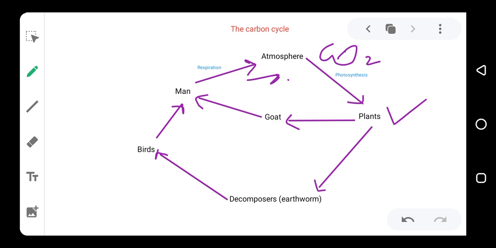So when we plant trees, they use carbon dioxide during photosynthesis, and therefore reduce the carbon dioxide that is available in our environment. So this is it about the carbon cycle.